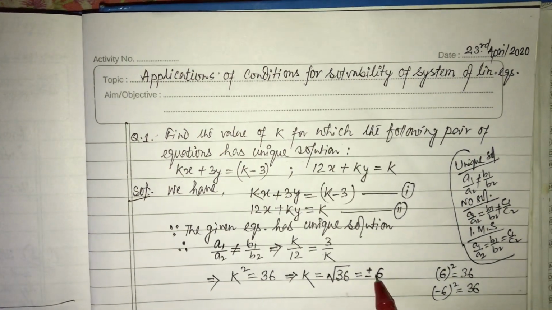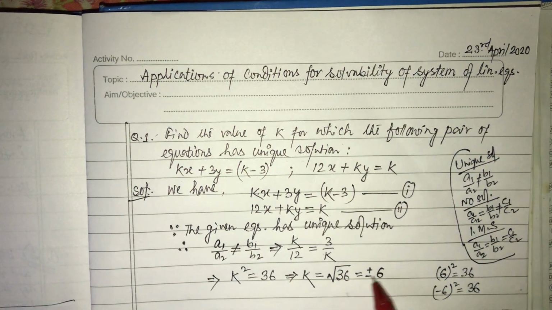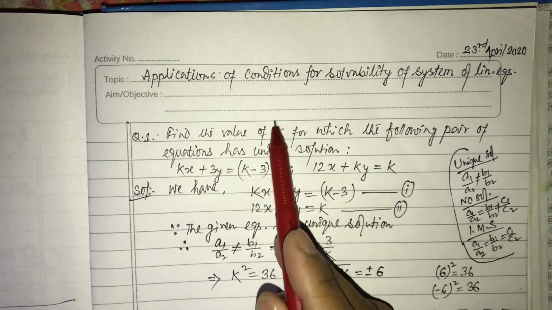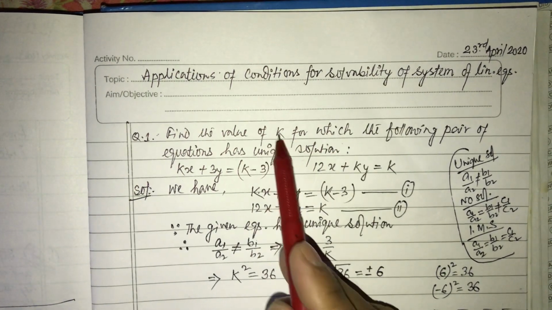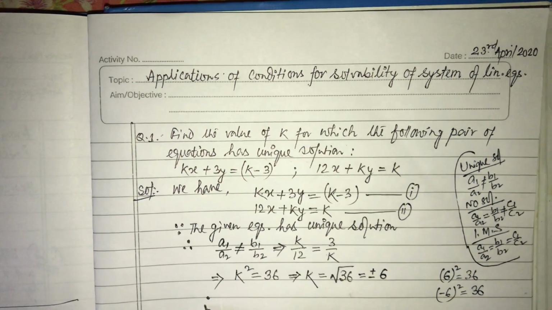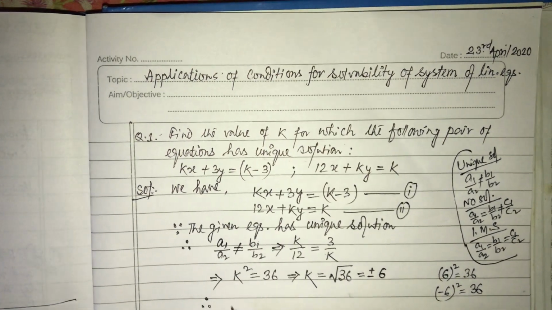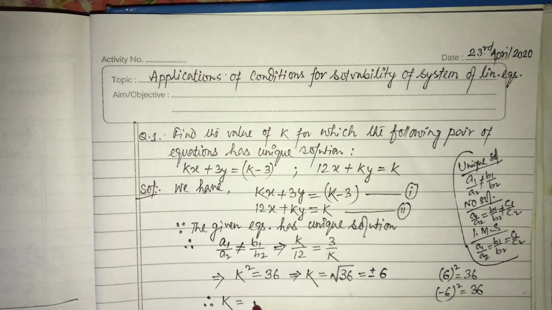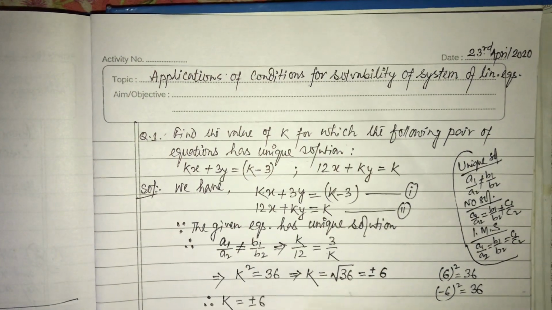This plus or minus 6 is the value of k, which the question was asking to find. So k is plus or minus 6.